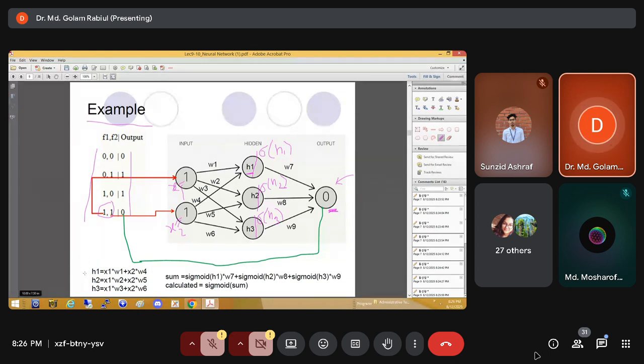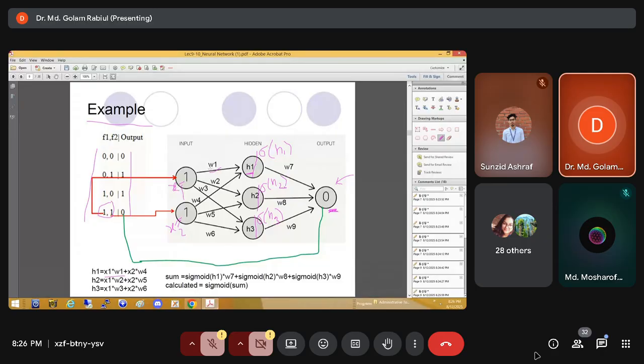For a quick review, if you want to find H1, the hidden layer sum, what we have to do is take the input times W1. The input here is X1, and this is the edge connected to the hidden layer, so the weight of the edge is W1.